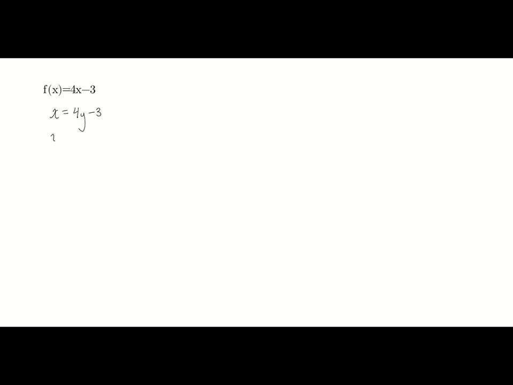So we can say that x plus 3 is equal to 4y, and that leads us to (x plus 3) divided by 4 is equal to y. And since we were given function notation to start with, we should write our final answer in function notation. So f inverse of x is equal to (x plus 3) divided by 4.